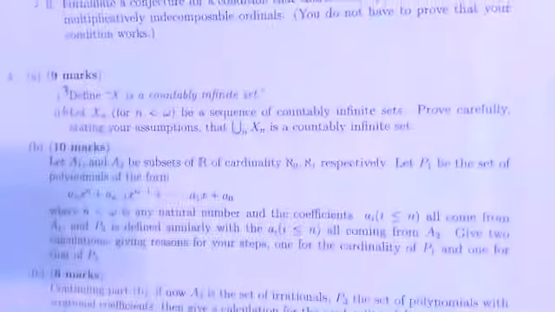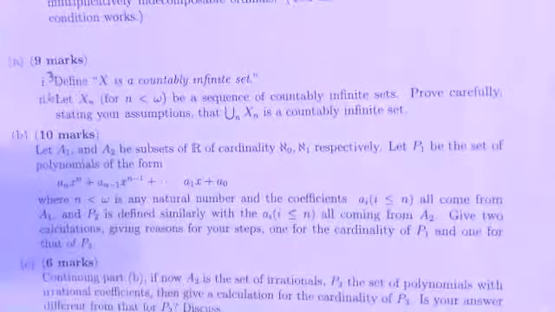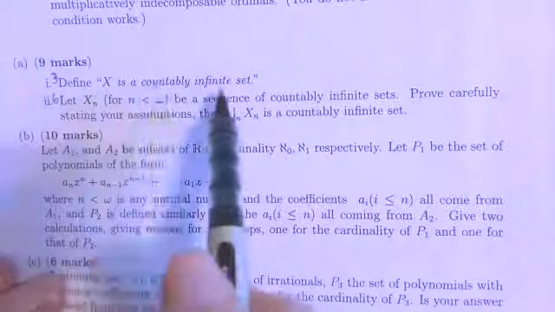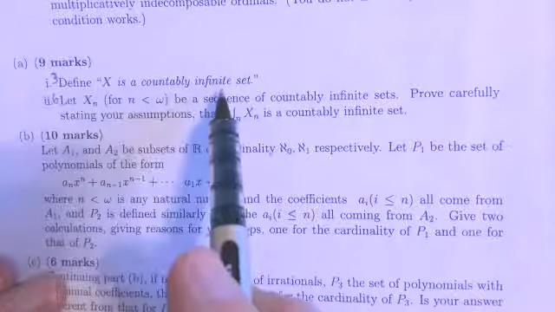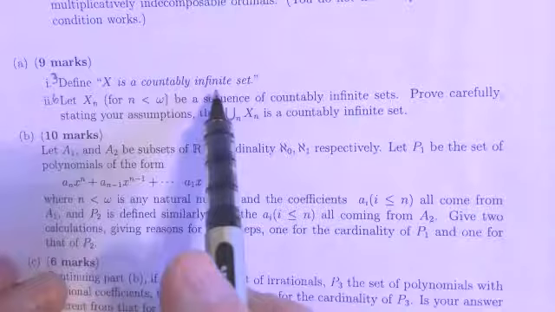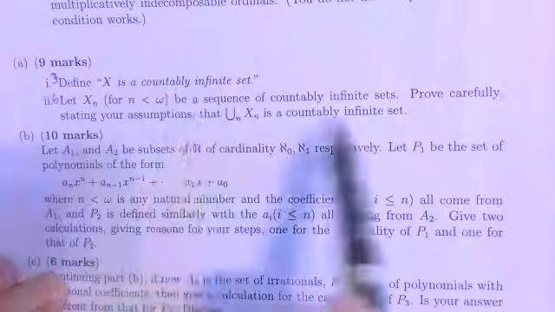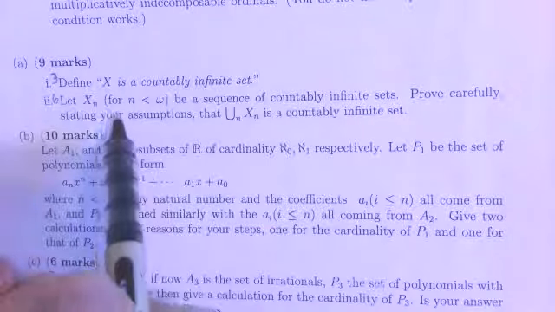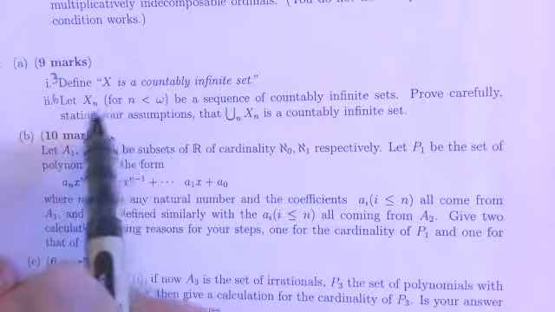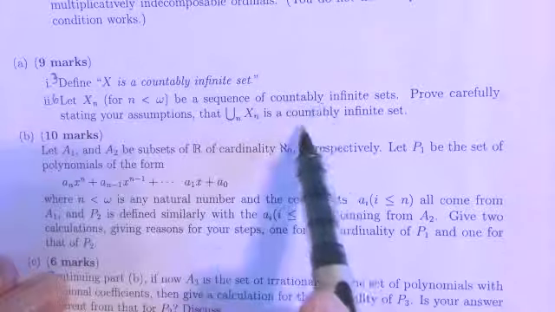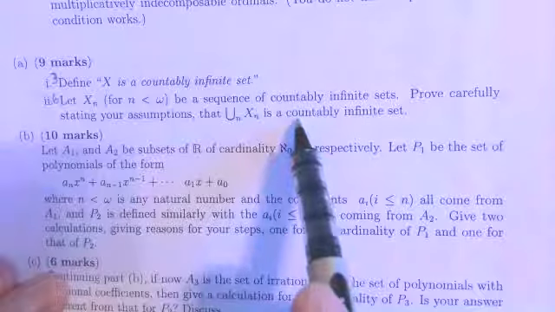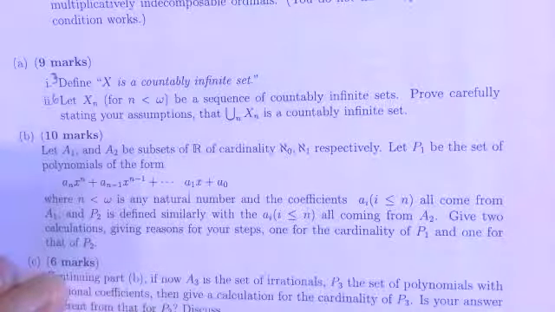Well, let's just look and see what 4A says. So here it was asking you to just give a definition of what a countably infinite set is, and then to give the proof that the union of a countable sequence of countably infinite sets is countably infinite. Okay, so this would be standard book work.